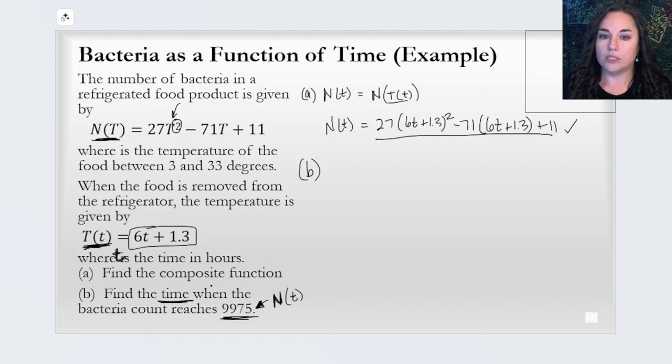I don't know what time t. They say find that time. So I know N, but I don't know t. So what I can do is say 9975 equals 27 times all that stuff. All this goes down in there. That is equal to that. And I think that looks intimidating because what it looks like you need to do is solve this equation.